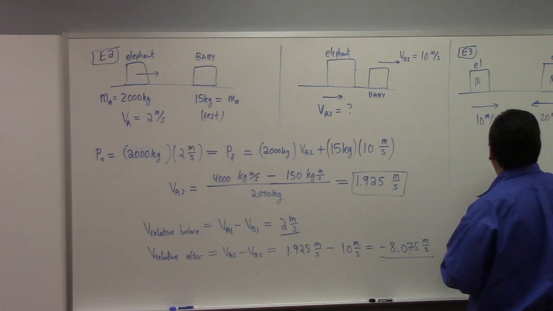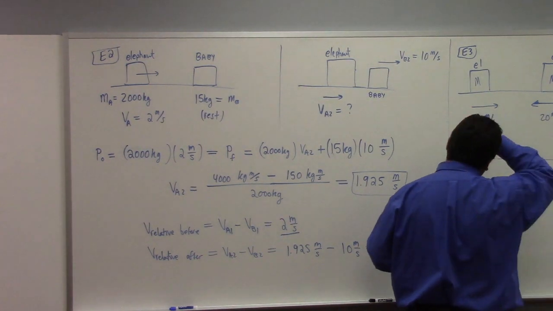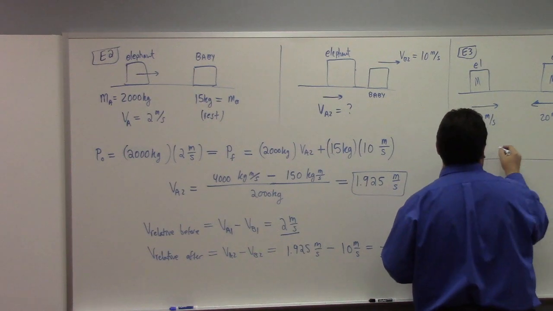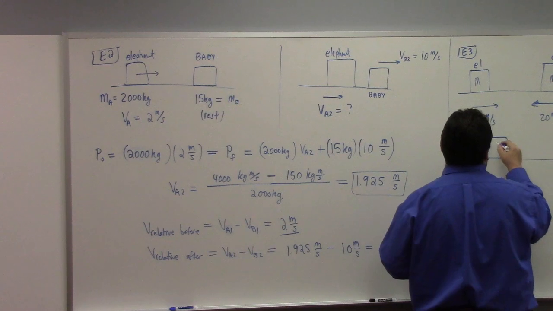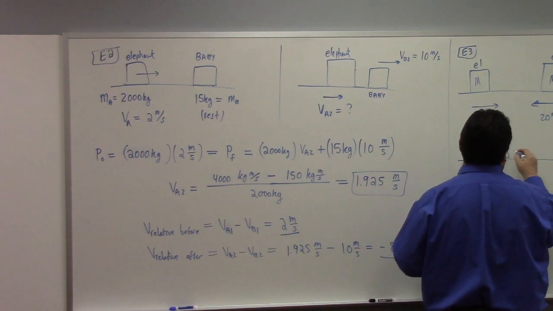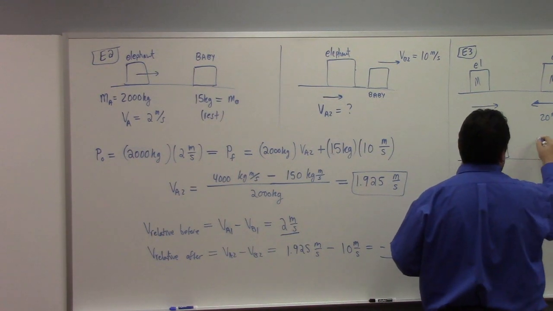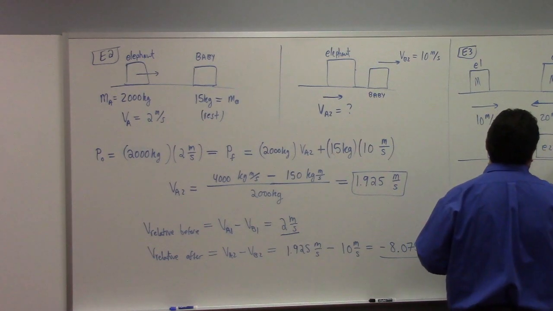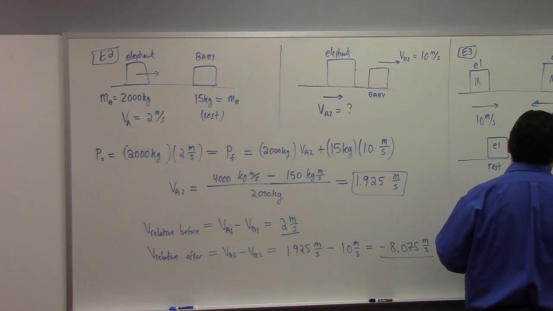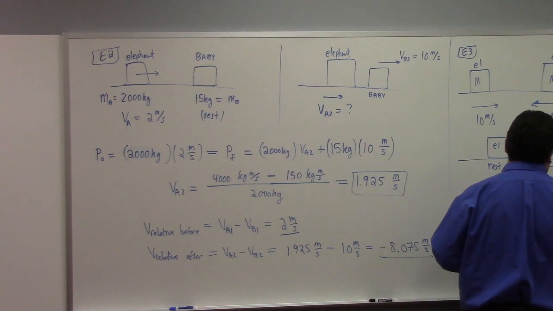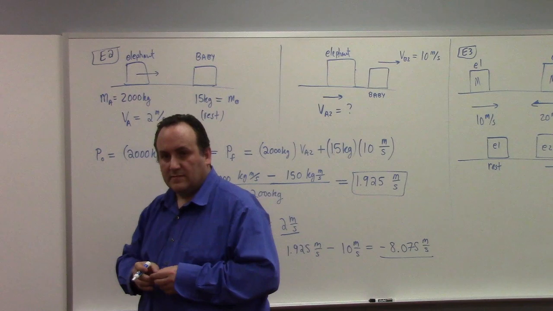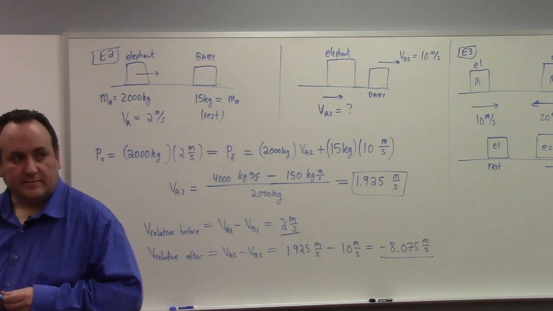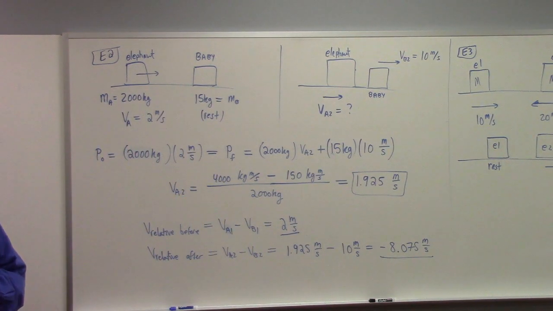Then I tell you that they collide, and afterwards elephant 1 is at rest, and elephant 2 is going 20 meters per second this way. My question is, is this possible? Why or why not? Could you have a collision like this?